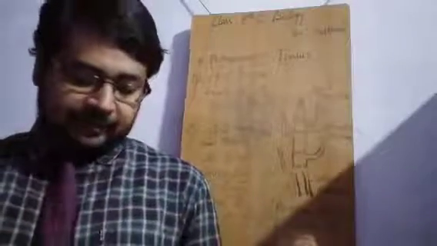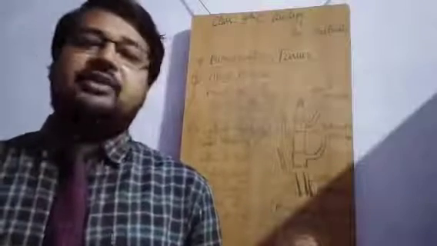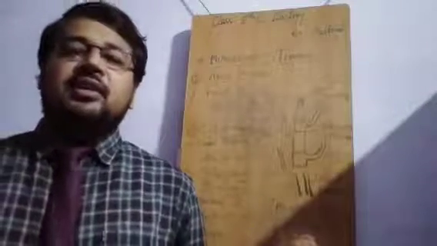Okay, example, what type of example is there where you will notice the lateral growth? So cambium of vascular bundle. I think all of you are able to understand what is vascular bundle. First you need to know what is vascular system.